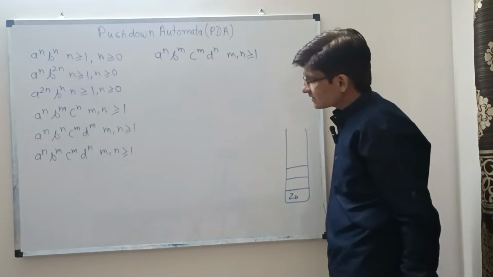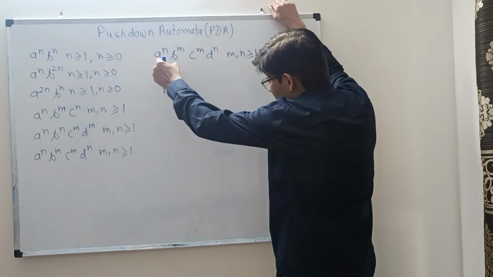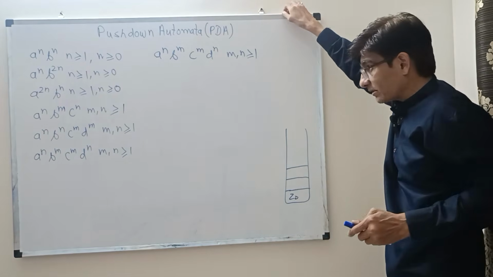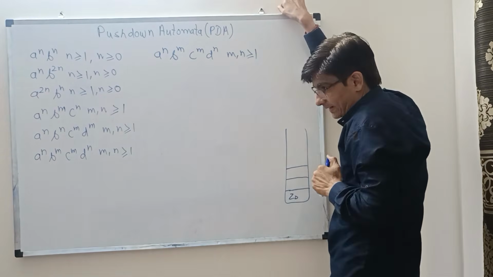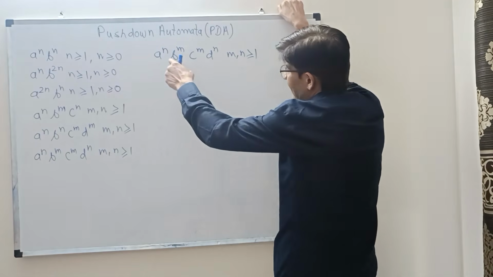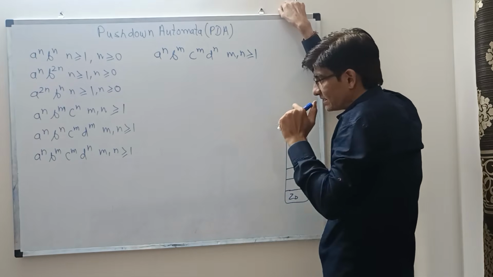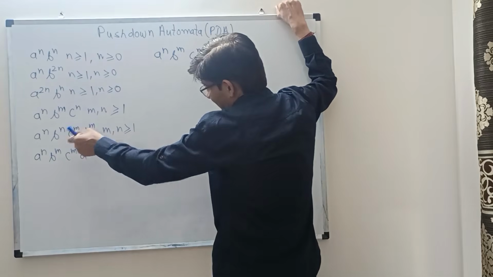Now friends, this is the last example language that we have taken here. You can see here again we have 4 input symbols, but again we have relation between 2 symbols only at a time. Like we have relation between A and D, and B and C. So this language is different from this, right?